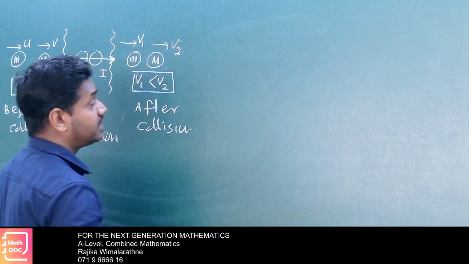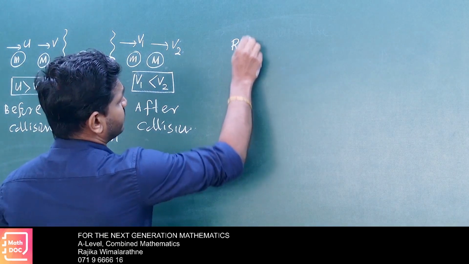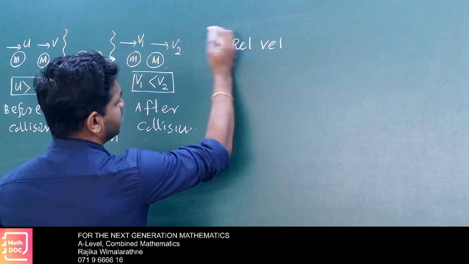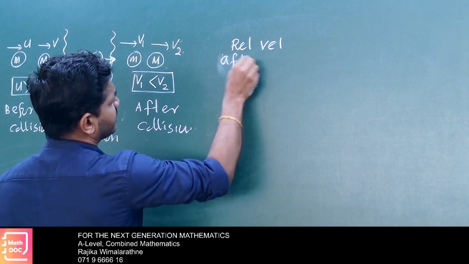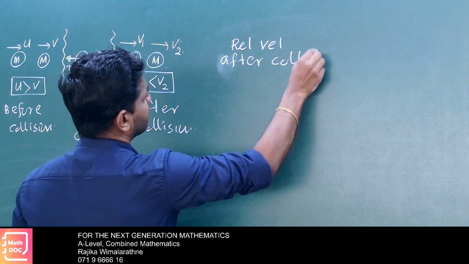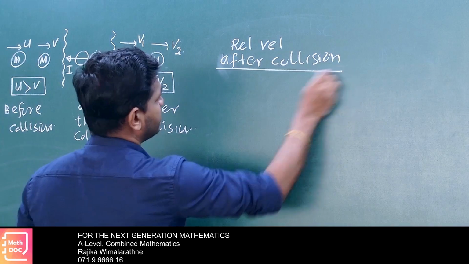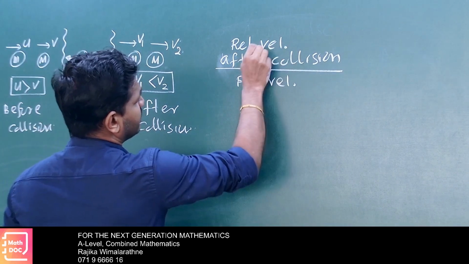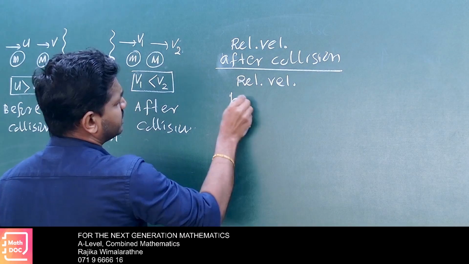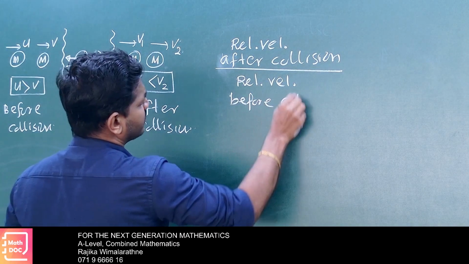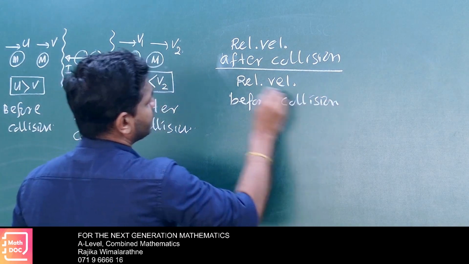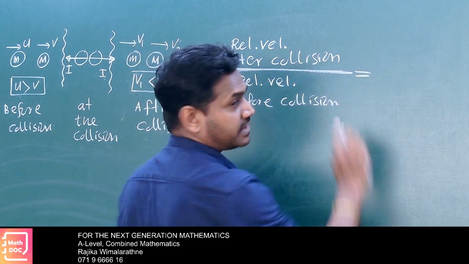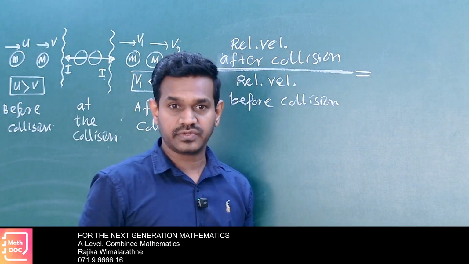It says that the relative velocity after collision, divided by the relative velocity before collision, equals a constant value.